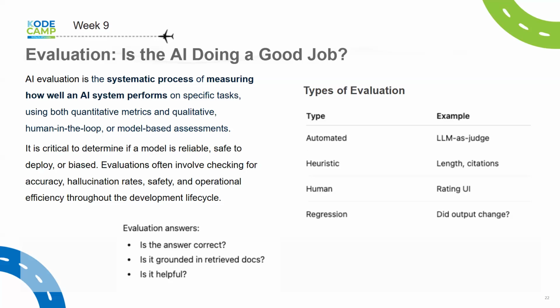So typically, evals will answer questions like, did this model get its answer correct, or did your agent give the right answer, right? You can actually say that an agent giving a wrong answer is not an observability issue.